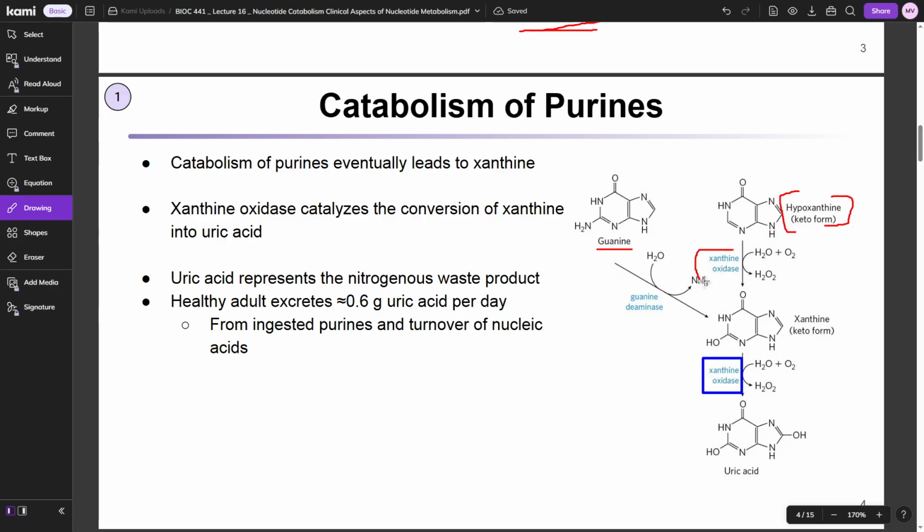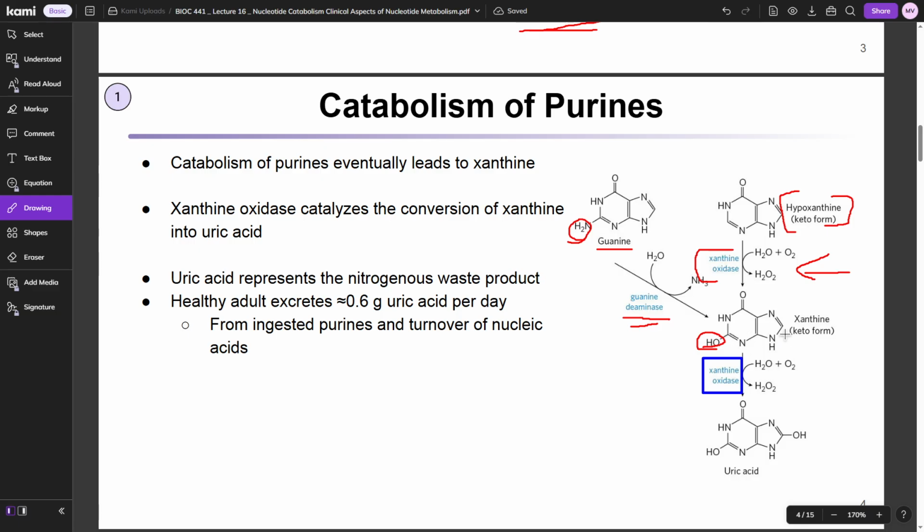And what xanthine oxidase does is it puts an extra OH onto this hypoxanthine we just formed. For guanine, all we have to use is guanine deaminase, because guanine already has this NH2 group. We just have to remove it and replace it with an OH. So that's why you don't need this whole extra xanthine oxidase step for guanine.